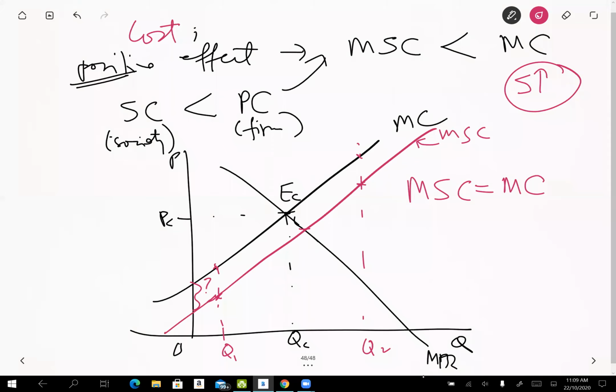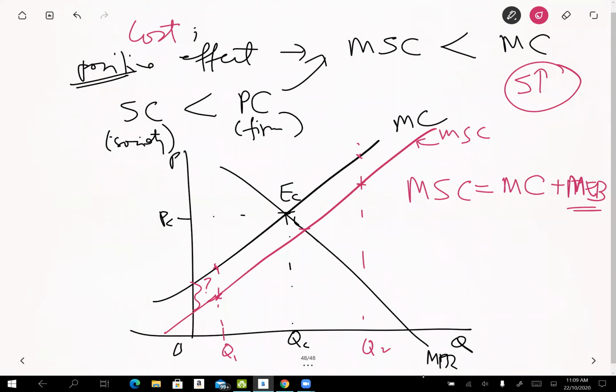Remember there is a positive benefit, which will be equal to plus marginal external benefit, because there is an additional benefit to the society.